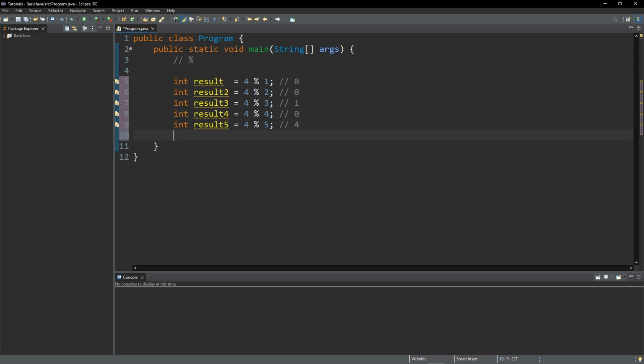If we kept on going with this, let's not do 100. Let's go ahead and do 90. With 90, I know off the top of my head that the remainder is going to be 2.